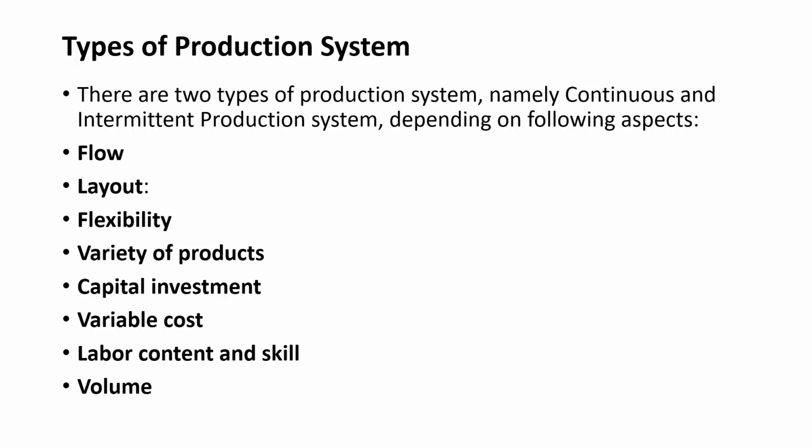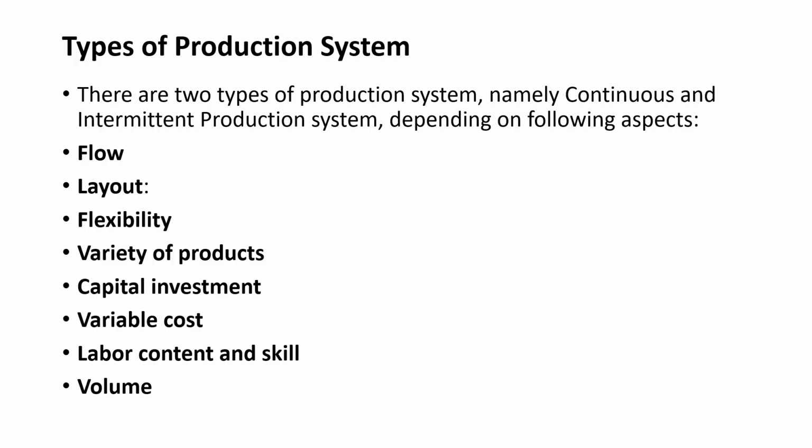Then comes the labor content and skill, which may range from high labor content with high skill to low labor content and low skill. If you can remember, in product layout the entire job is divided into small tasks, and each task is given to a particular worker standing at a particular workstation. So in case of product layout, the labor content is low and the skill requirement of the labor is also low.